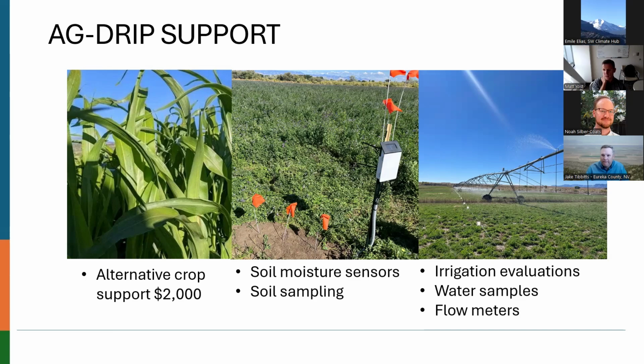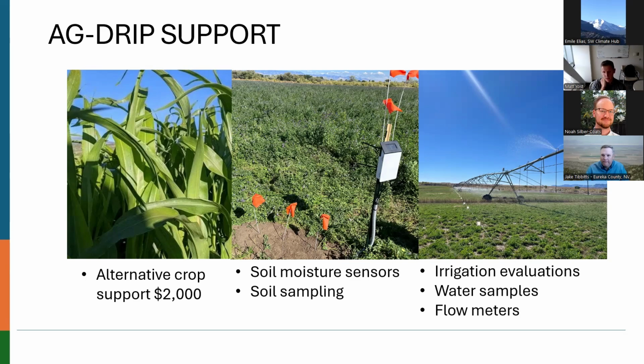We also install a soil moisture sensor that stays on the farms. The soil moisture sensor is used to help guide the irrigation and also to help monitor water balance on these fields. We collect soil samples and water samples, and help them identify any issues or opportunities to adjust their irrigation.